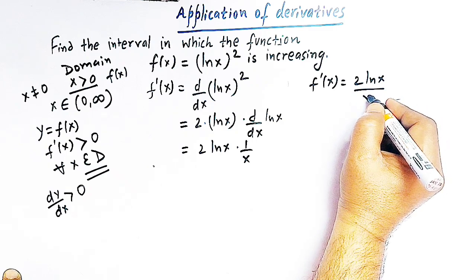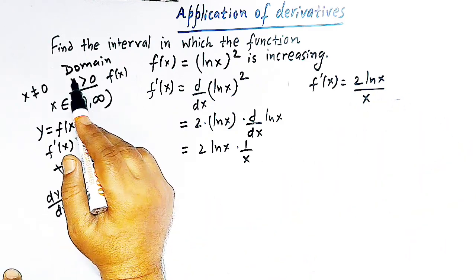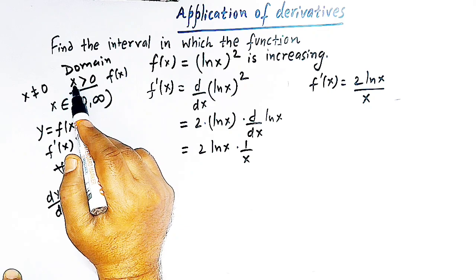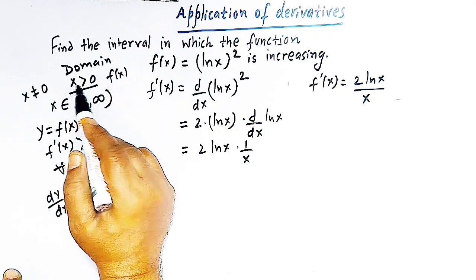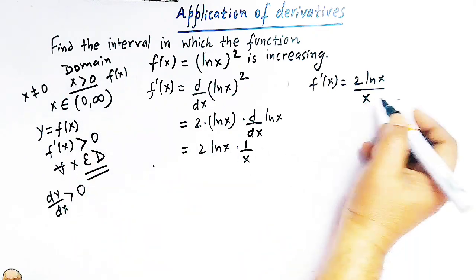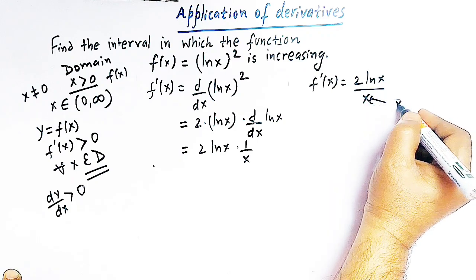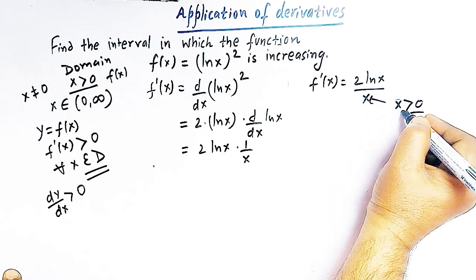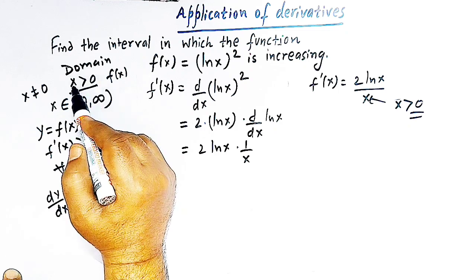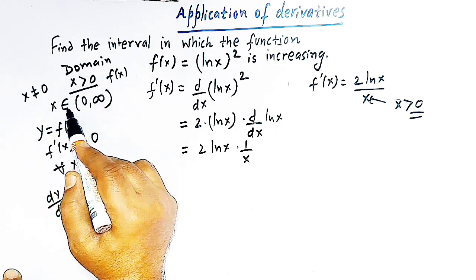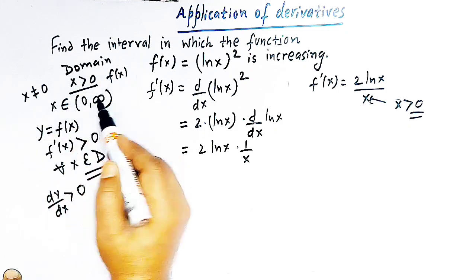We have just said that the domain of this function is given by x greater than 0, right? So here x is already greater than 0 because the domain of the function is the interval 0 to infinity.